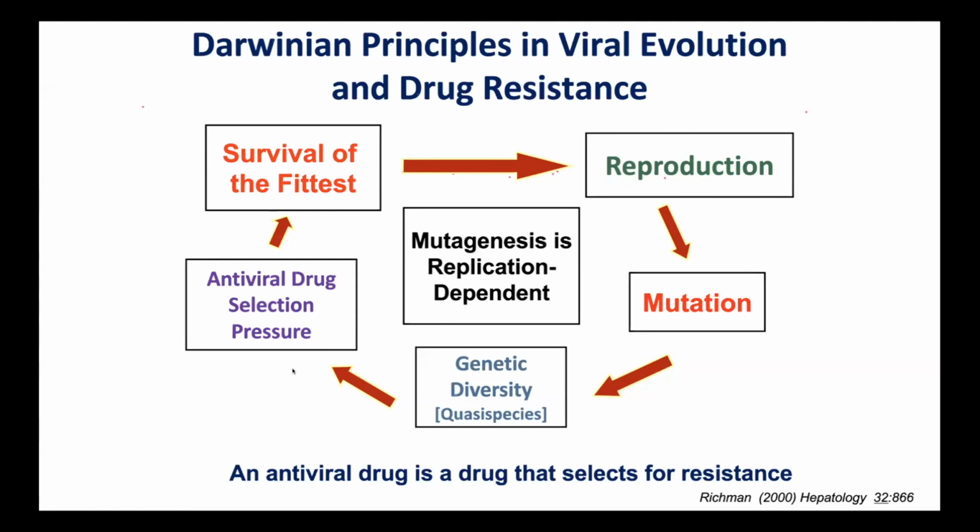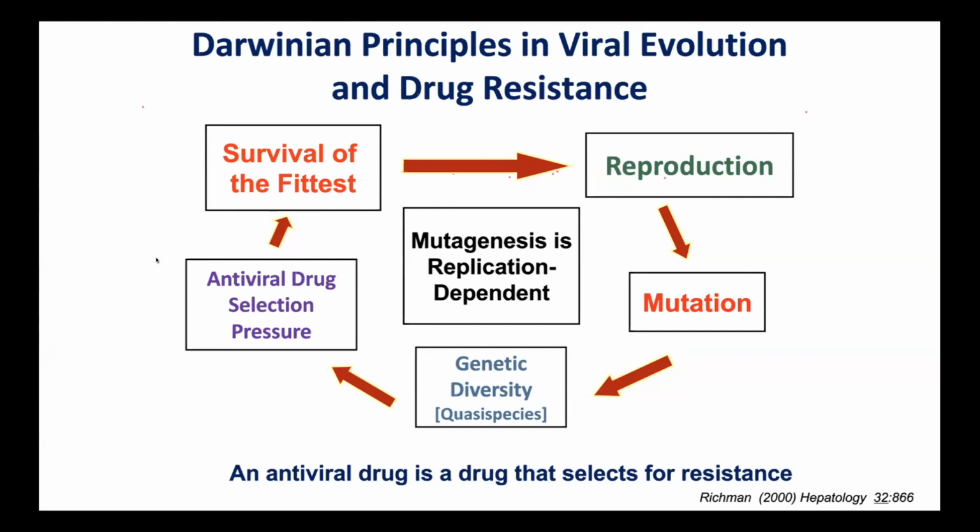With those genetic variants, in the presence of a selective pressure, like an antiviral drug, the more resistant viruses are more fit, Darwinian survival of the fittest, and they go on to reproduce in the presence of selective pressure.